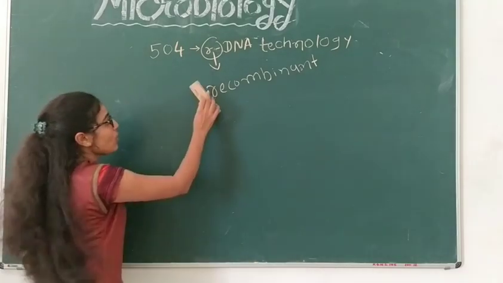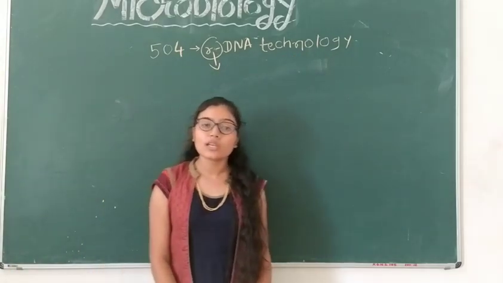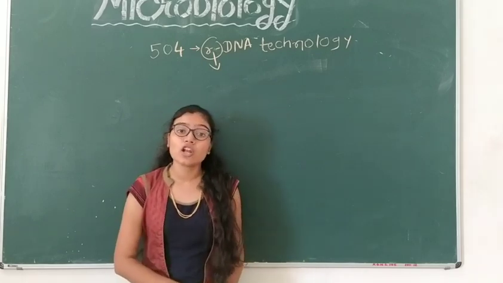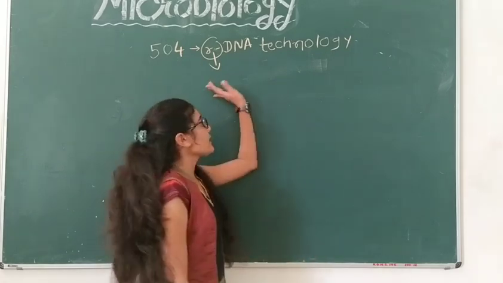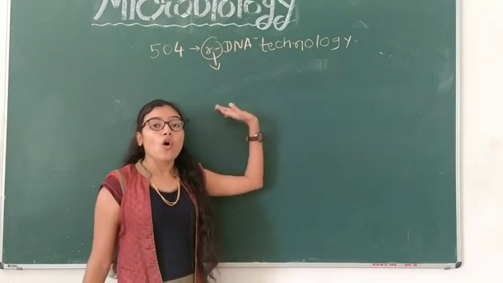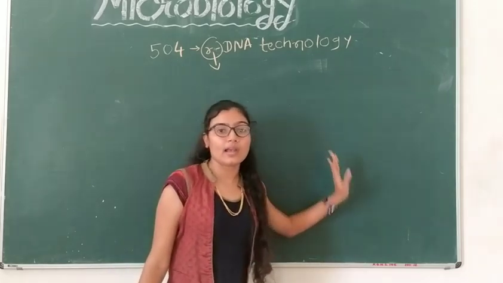Okay. Now in this paper we will discuss a total of 4 units. In unit number 1, we will discuss the introduction and scope of DNA technology. In unit number 2, we will discuss the scope and tools that are used in DNA technology.